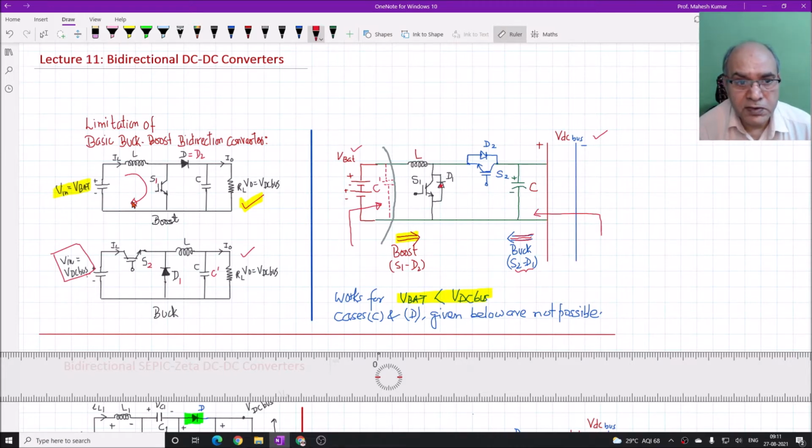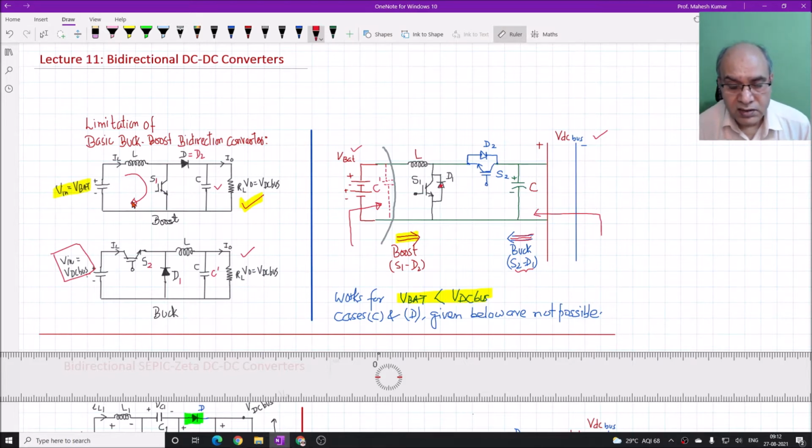There is a difference between the two capacitances. This capacitance is on the battery side, and this capacitance is on the DC bus side.